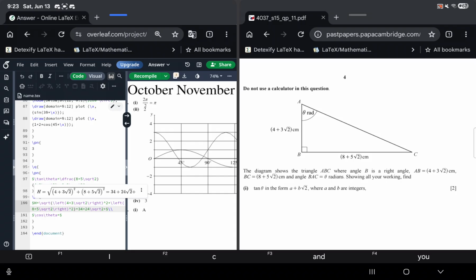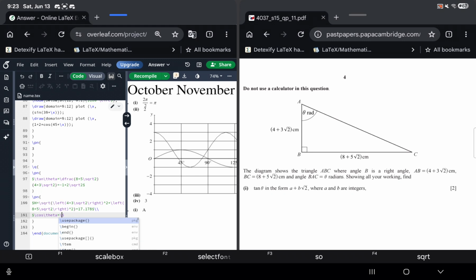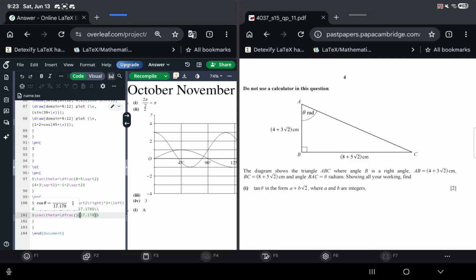Okay, so let's just take the decimal value it spat out earlier of this monster, 17.178. I take 3 decimal places, so it is equal to opposite 17.178.